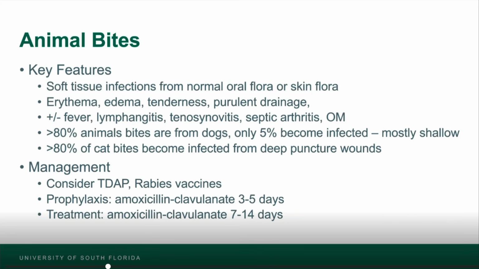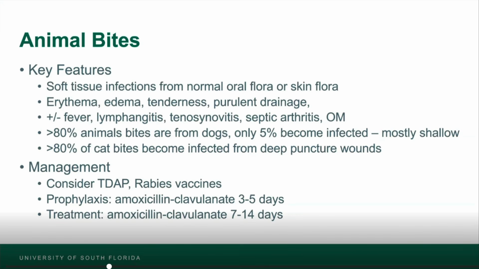Whenever you have a bite wound, you want to think about whether they are up to date on Tdap, and whether they need rabies vaccine, depending on the animal. You never want to close a wound. You usually leave them open. I think you guys know all of that. Because of the risk of infection, especially with cat bites, people will give prophylaxis with Augmentin for 3 to 5 days, a short course.